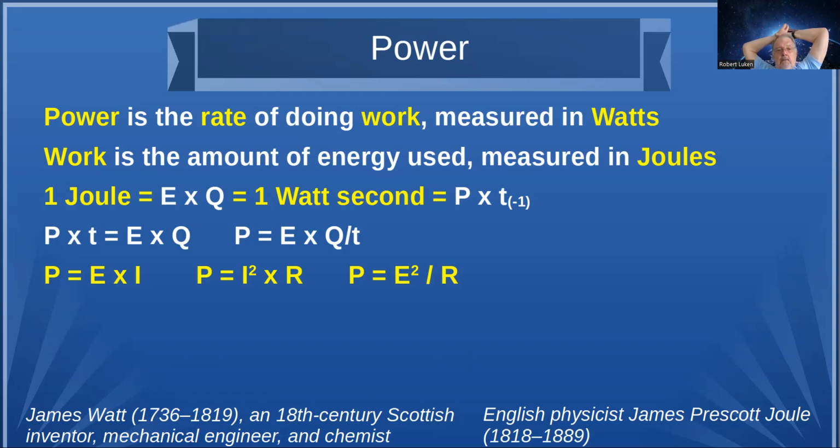We can use substitution and convert that to a formula of power is equal to I squared times the resistance, or E squared divided by the resistance. I believe there's questions on those on the technician, definitely on the general.